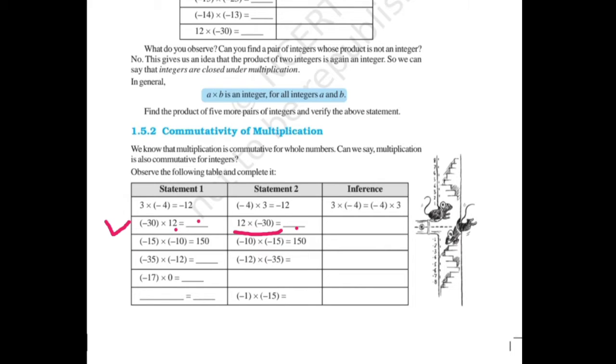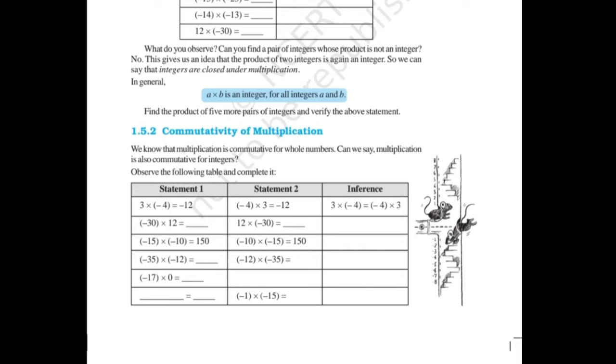Afterward, see in the next example, minus 15 multiplied by minus 10, then what answer comes students? 150. And if we multiply in different order, minus 10 multiplied by minus 15, then the answer comes also 150. So the same answer comes.